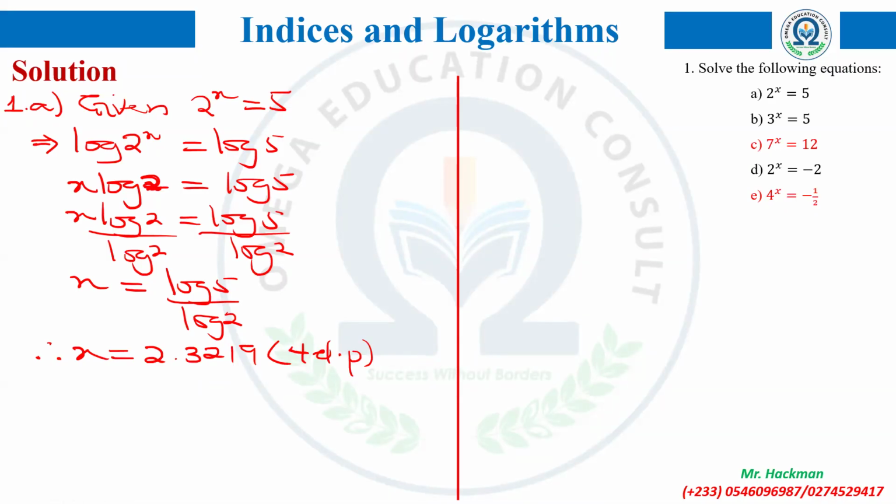Is it always supposed to be like that? Usually, yes. Usually, we will ask that you take it to 4 dp. Your first approximation must be 4 dp.